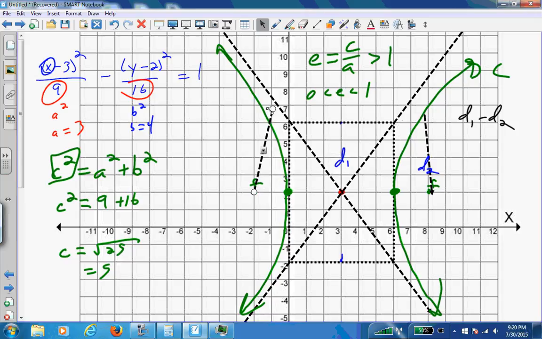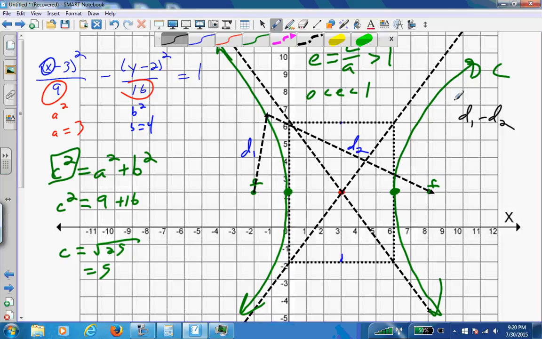But if our point is on this side, d2 is bigger. So to make sure that's positive, take the absolute value. So the absolute value of the difference between d1 and d2 is a constant for a hyperbola.